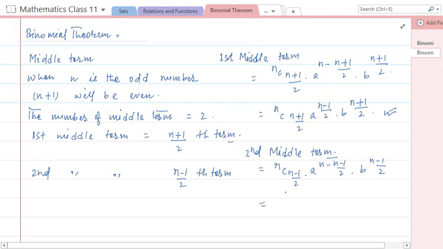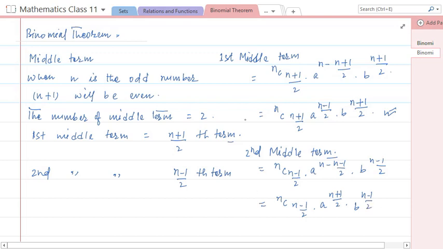After the simple calculation, we get nC(n minus 1)/2 and a^((n plus 1)/2) into b^((n minus 1)/2).